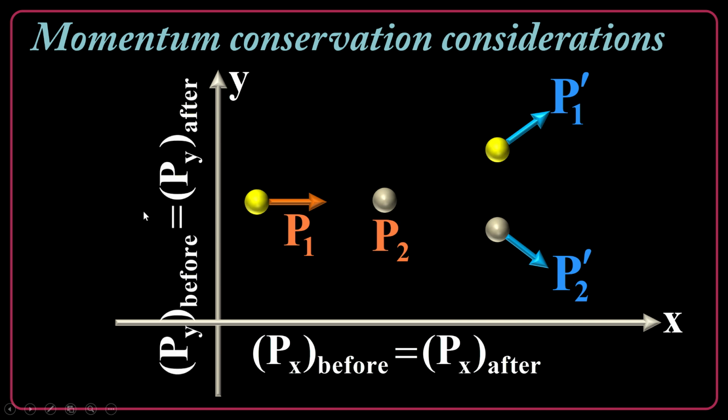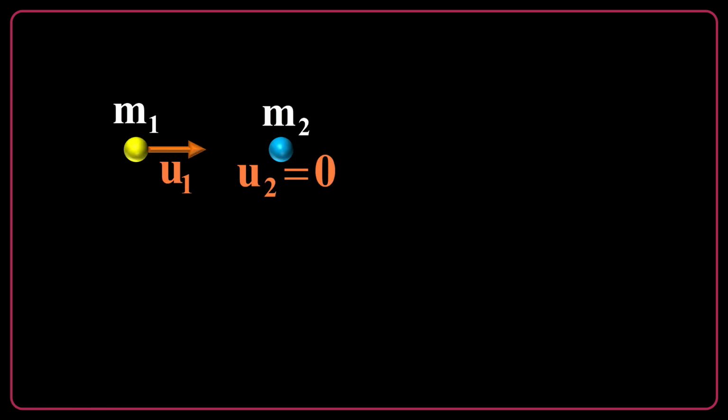So we have a couple of equations. The total momentum before and after in horizontal direction are equal. The total momentum of the system before and after in vertical direction also are equal. So conservation of momentum in two-dimensional space gives us a couple of equations. Let's say M1 has an initial velocity of u1 to the horizontal and M2 at the beginning is at rest.